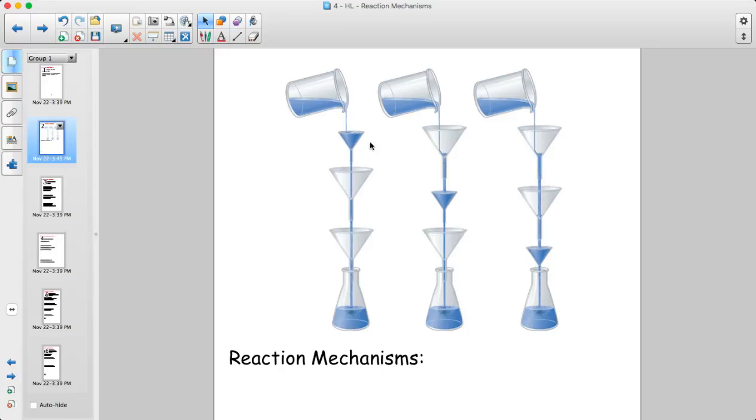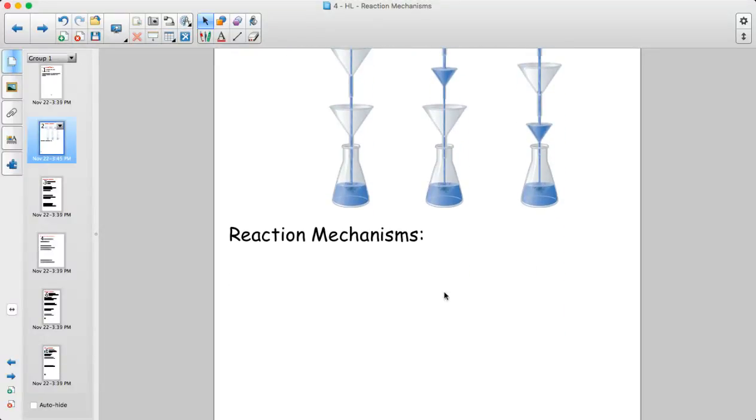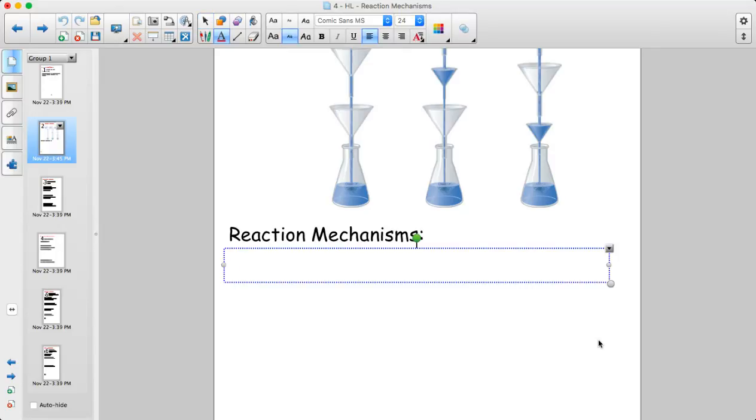So whether the rate determining step is first, second, or third, if there were 3 steps, plays a big part in where the different reactants are involved in the reaction. Okay, so essentially the key takeaway for reaction mechanisms is that really only the RDS matters.